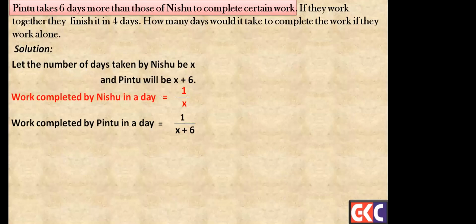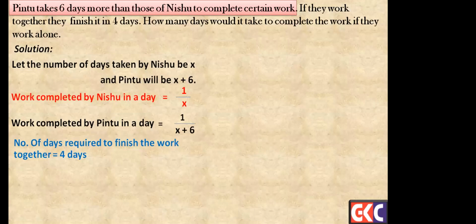Now, as far as this question is concerned, when they work together, they finish the work in 4 days. So in a day, together, how much part of the work can they complete?